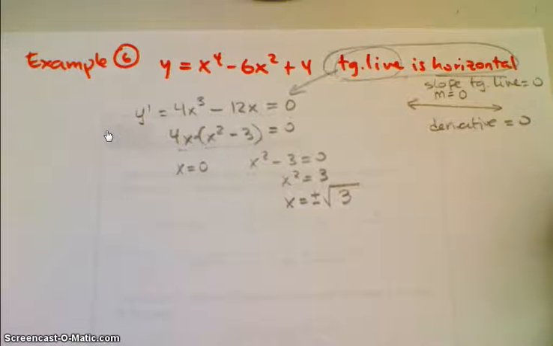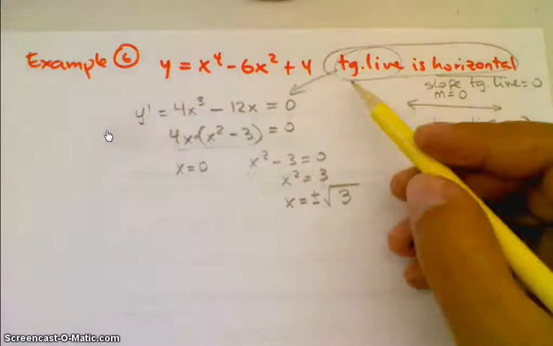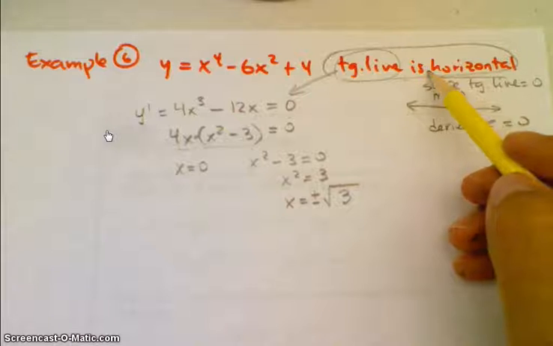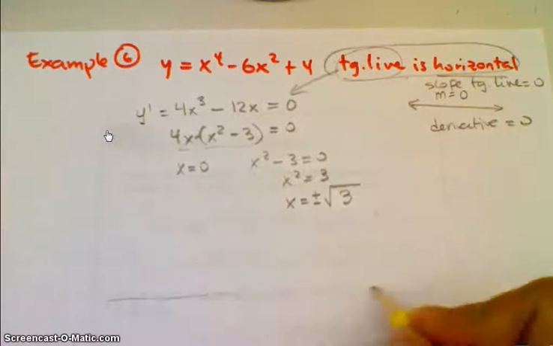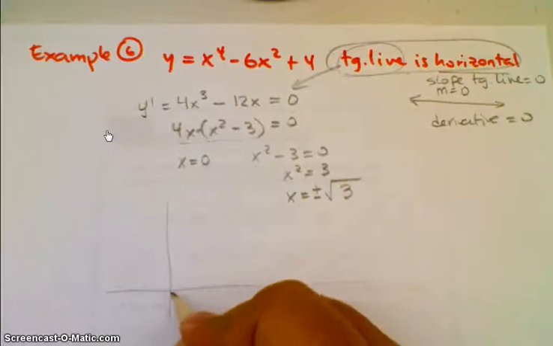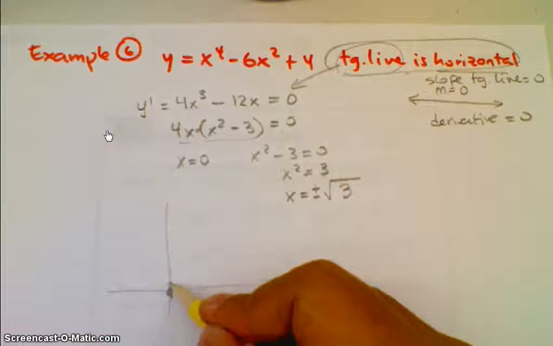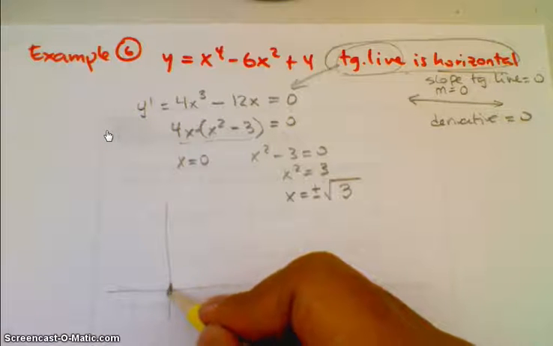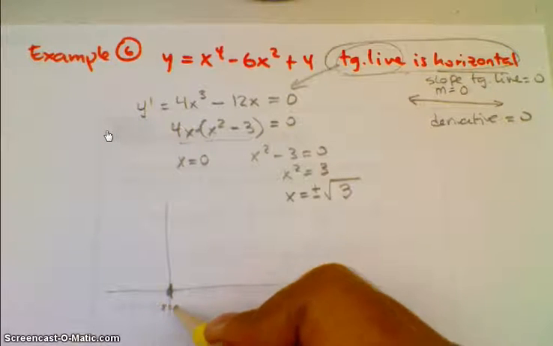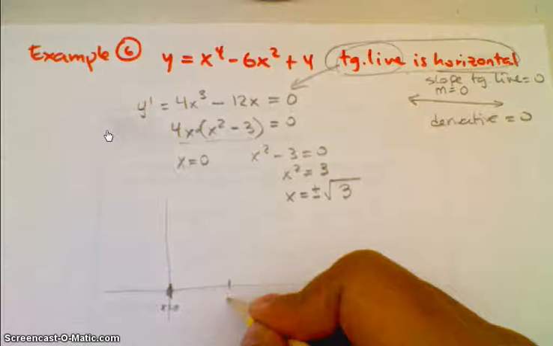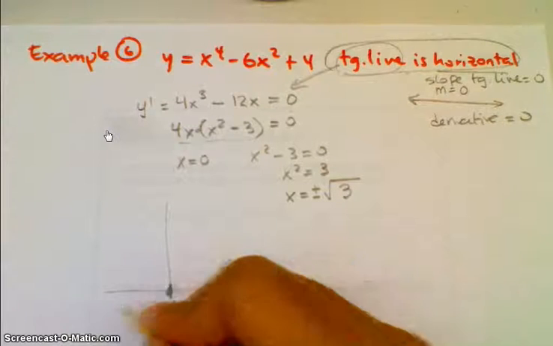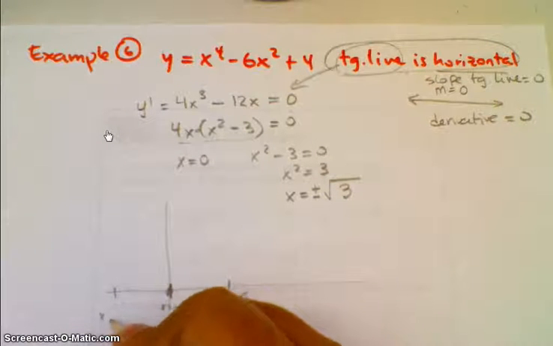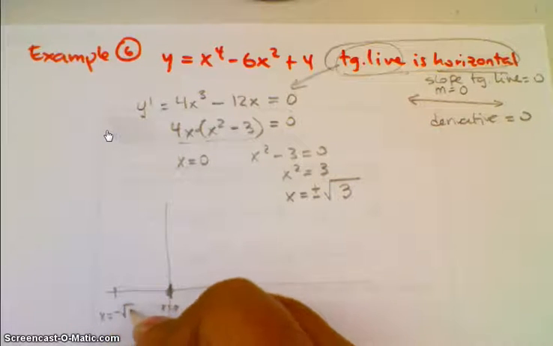So that means that all the points where the tangent line is horizontal have x coordinates 0, at x equals square root of 3, and at x equals negative square root of 3.